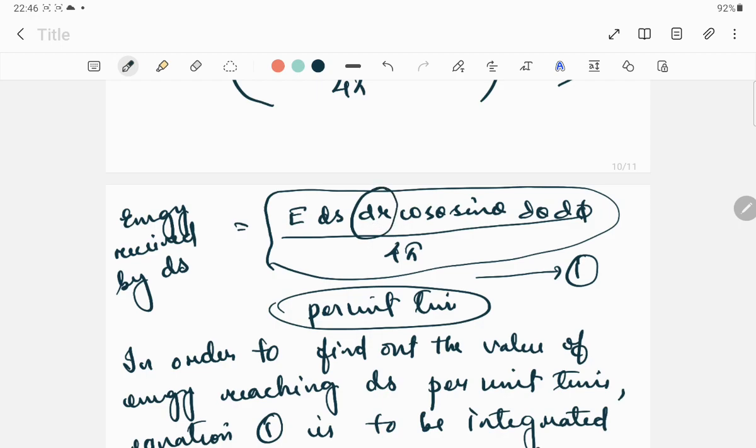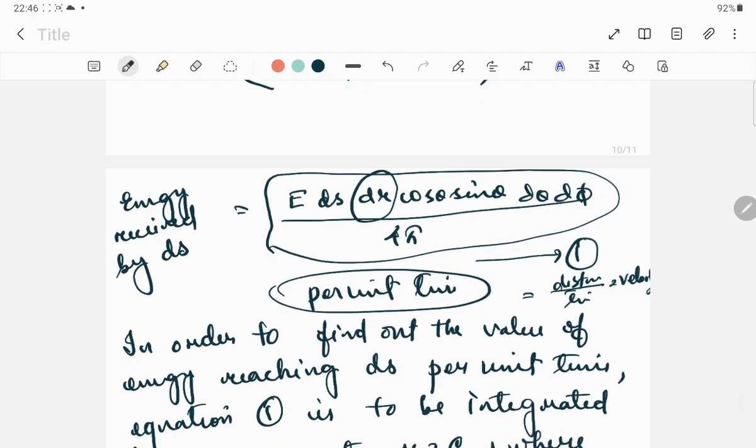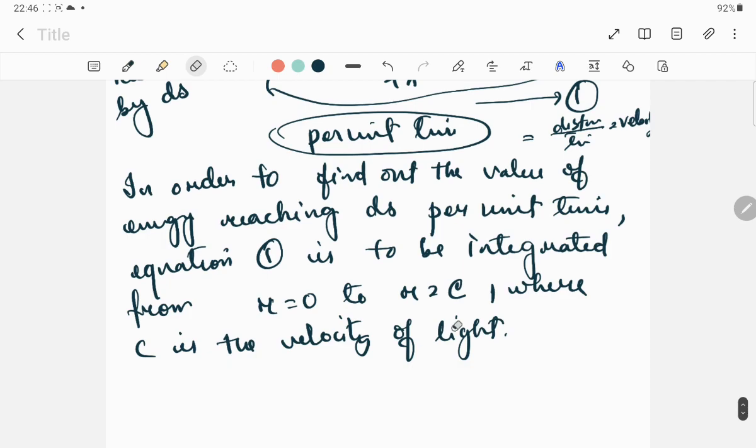Distance traveled per unit time is nothing but velocity. Sorry, I made a mistake. It is not light, it is the velocity of sound.